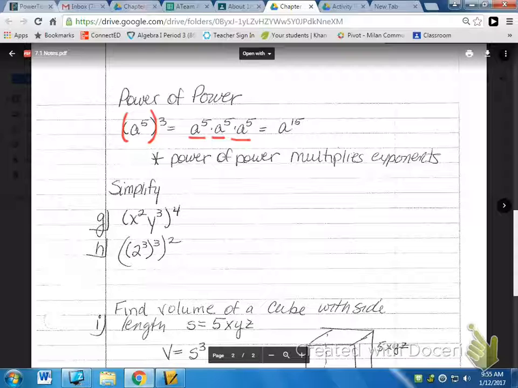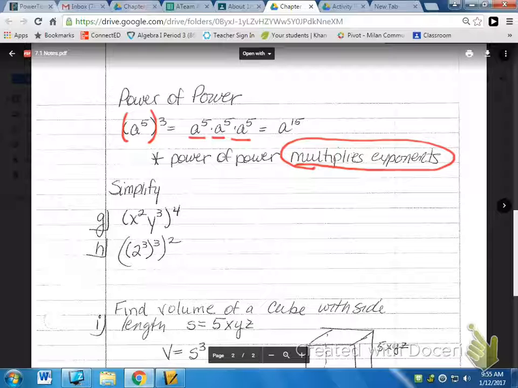But you don't have to write all that out. When you have a power on a power, you're just multiplying the exponents because it just means you have what's inside the parentheses that many times. Just make sure that you apply it to everything inside the parentheses. Even if there's coefficients, they have to be taken to that power. So let's look at a couple of examples.